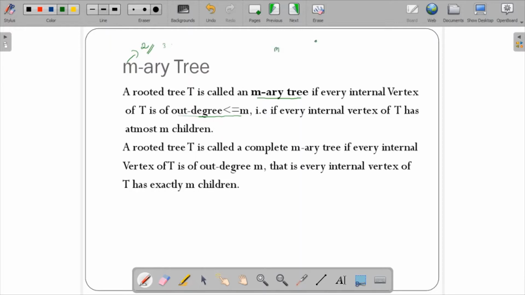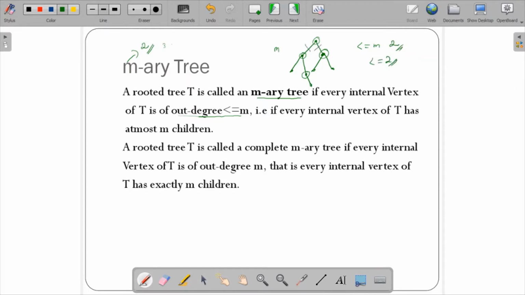Now, if this is the tree, what it is telling us is that it is called an m-ary tree if every internal vertex has out-degree less than or equal to m. This is an internal vertex, this is also internal, this is also internal, and even this is internal. For example, if m is 2, the out-degree should be less than or equal to 2.